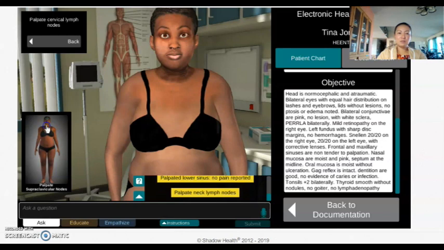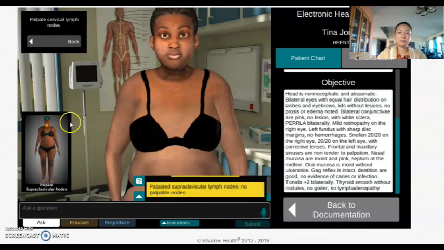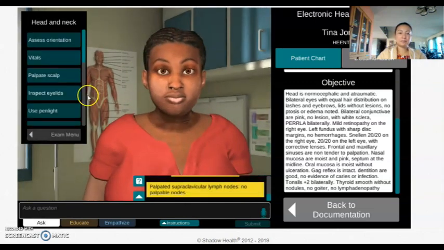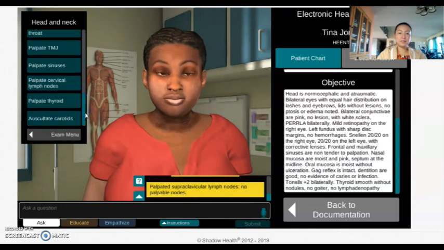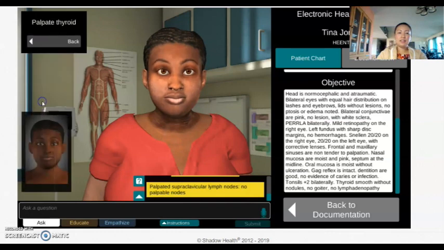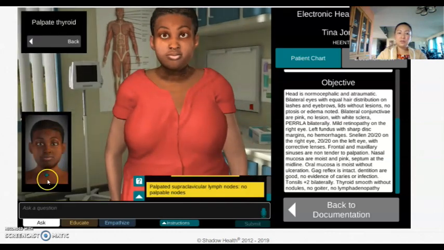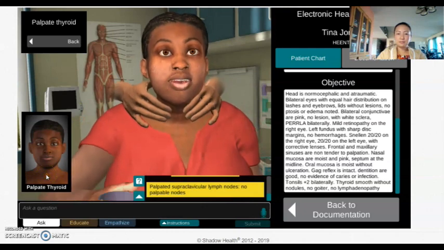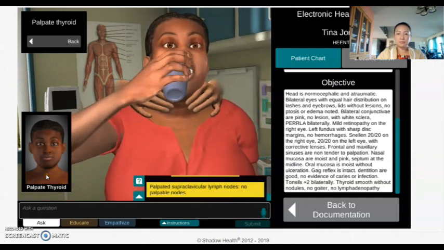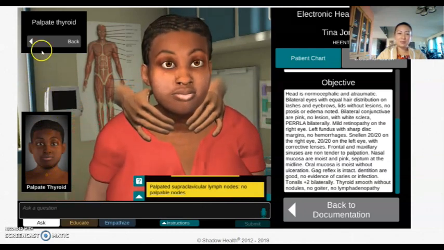Okay, and then I'm going to palpate the supraclavicular nodes to check for any lymphadenopathy as well. Okay, now I am going to check the thyroid if there's any enlargement. There you go.